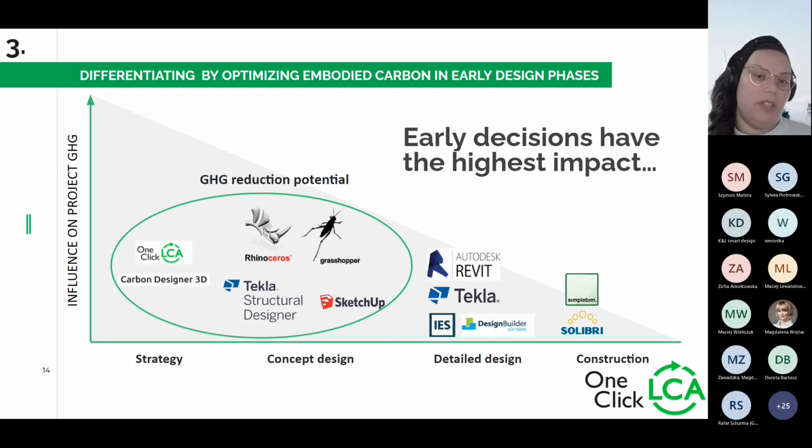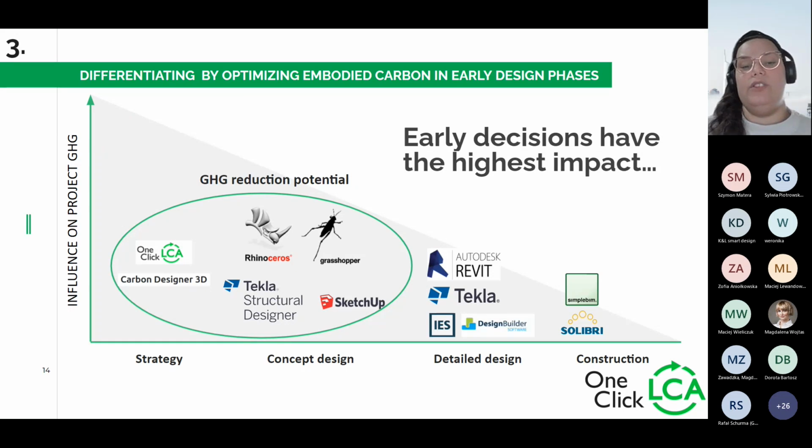We can still change the materials. Those decisions have not yet been set in stone so that we can develop all the other areas of the project. So this is where, in the early stage, the decisions that we make have the most impact, and where we can also have the most influence on the project's emissions.